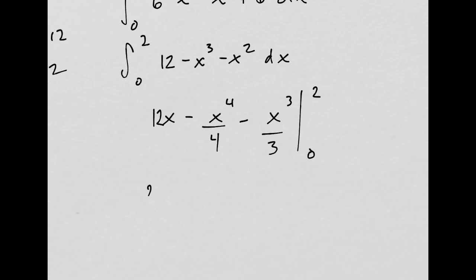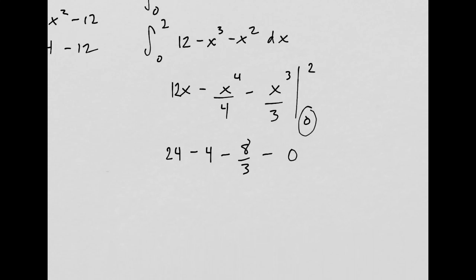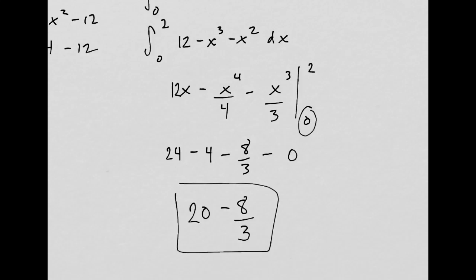So I'll plug in a 2, and I get 24, minus 2 to the fourth, what is that, 16? 16 divided by 4 is 4, minus 8 divided by 3. And minus 0, because when I plug in the 0, all of those go away. So 20 minus 8 over 3. Whatever that is, I don't want to get a common denominator.